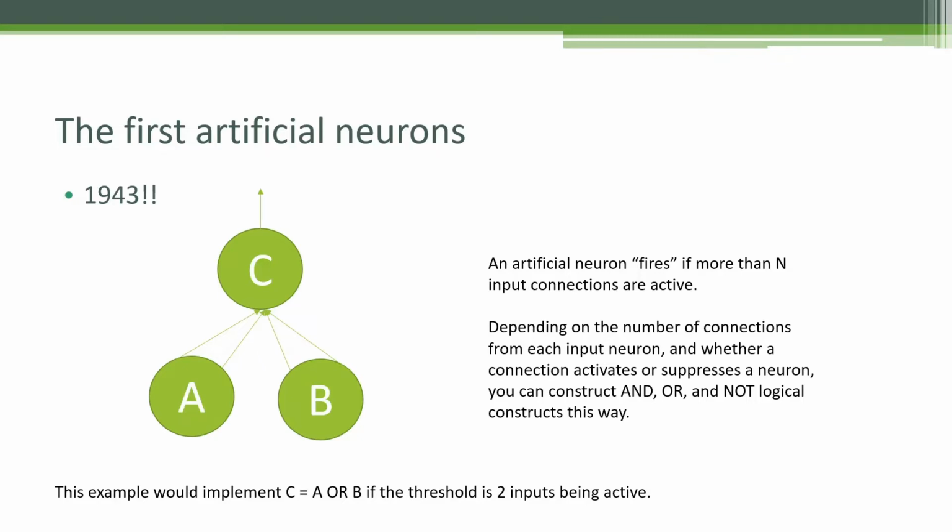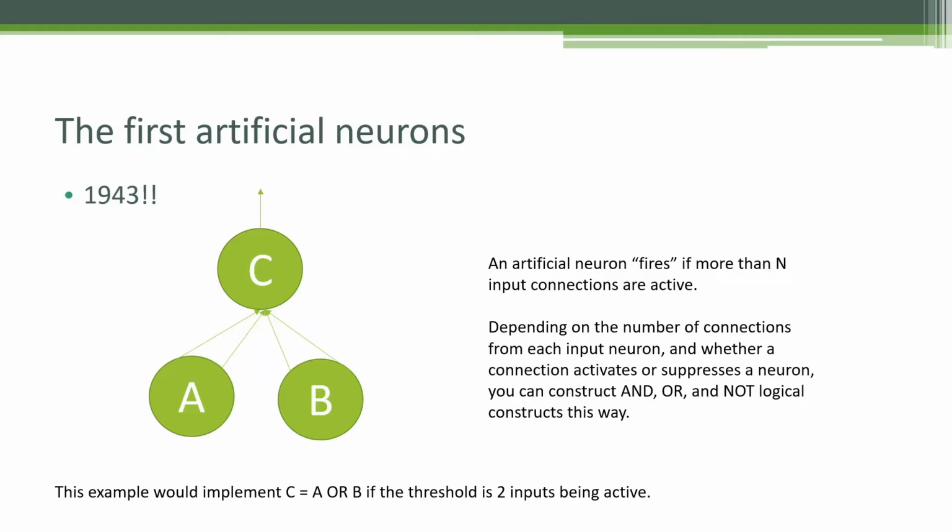So this particular diagram is implementing an OR operation. Imagine that our threshold for our neuron was that if you have 2 or more inputs active, you will in turn fire off a signal. In this setup, we have 2 connections coming in from neuron A and 2 connections coming in from neuron B. If either of those neurons produces an input signal, that will cause neuron C to fire.